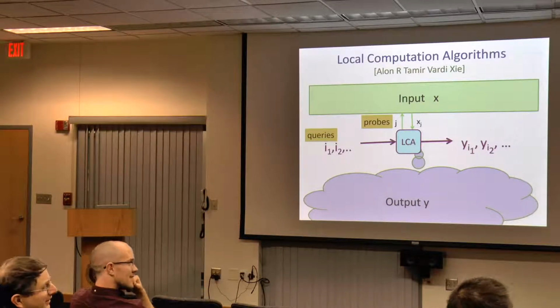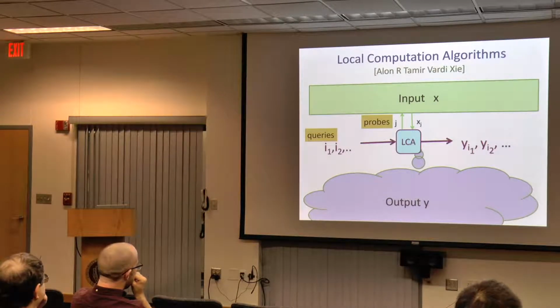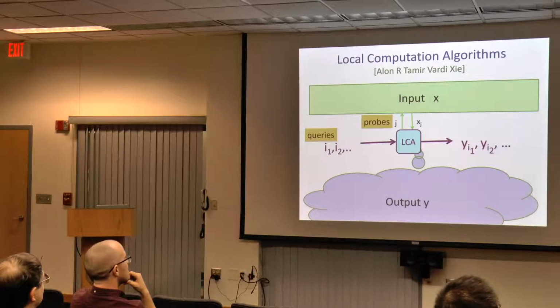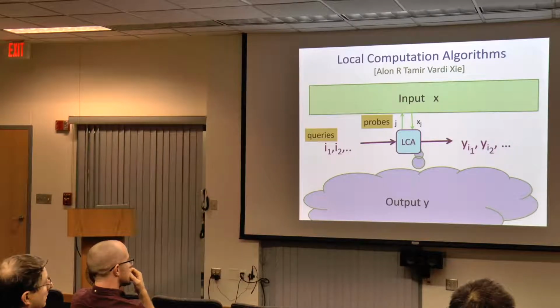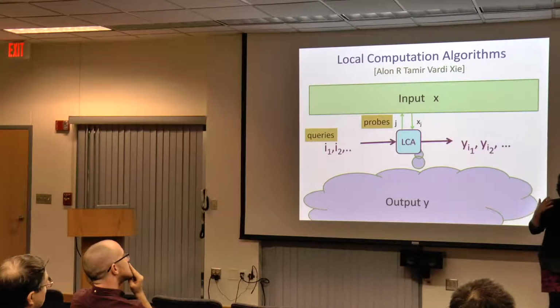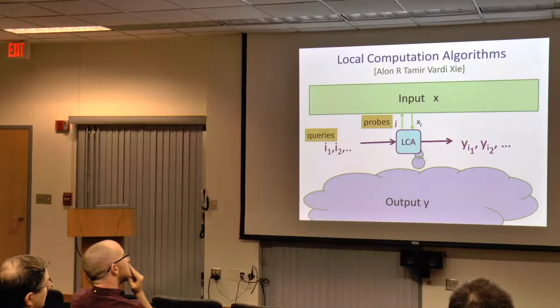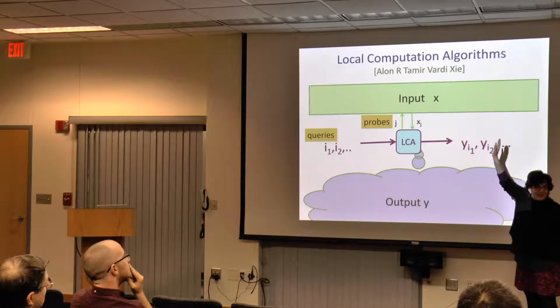Yeah. So the running time of the local computation algorithm should also be less than the size of y. So let's say you can have sublinear probes, but the running time should be enough to approximate y. That's a good point. Okay, so I should say that in the examples I'm thinking of, the output y is going to be roughly the size of the input x.